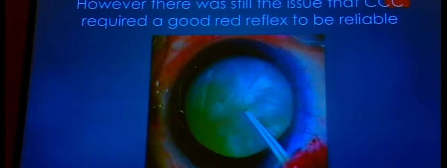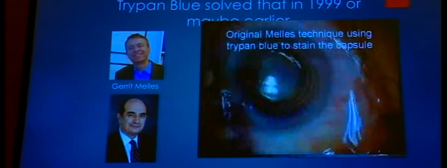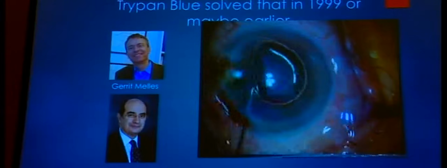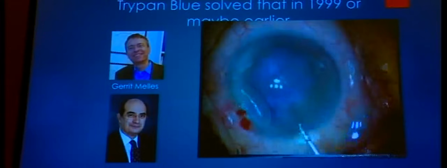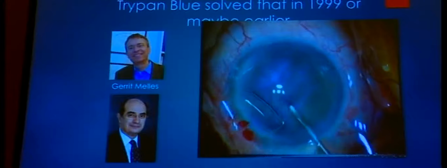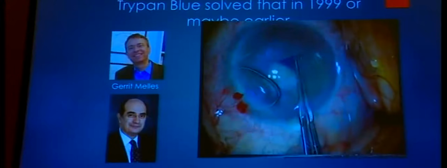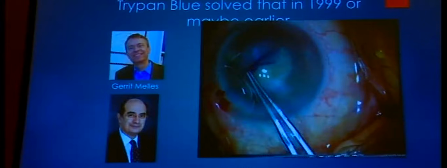However, there was still an issue that CCC required a good red reflex to be reliable in certain situations like the white cataract. So this was the doctor who introduced the fluorescein stain for the first time and then did a capsulorhexis. This was way back in 1999.